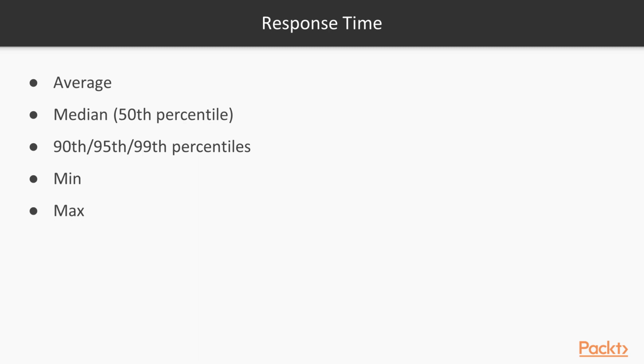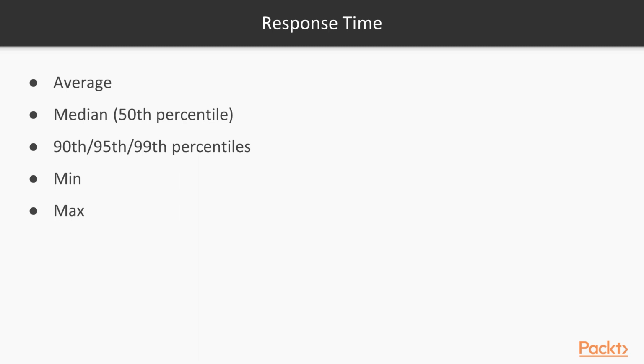This percentile means that 90% of requests were executed in less than this number. For example, if your 90th percentile is 1 second, that means that 90% of your requests were executed in less than 1 second, and 10% of requests took more than 1 second. The same is with the 95th and 99th percentile.